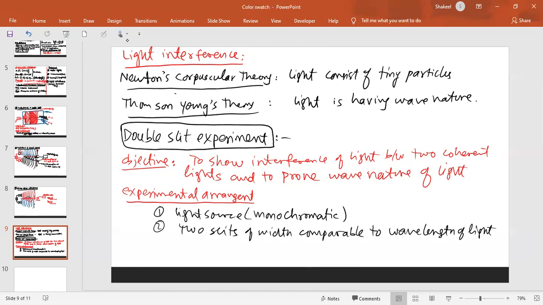So you use two slits having width comparable to the wavelength of light, and then a screen to project the interference pattern. That was the simple arrangement.